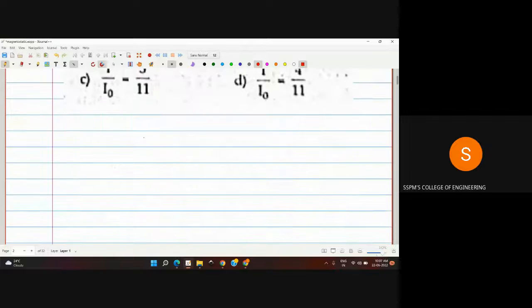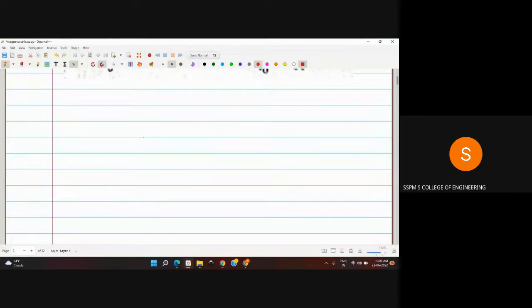So let me draw the ammeter with the help of the galvanometer. So there is one galvanometer of resistance G and the shunt resistance is to be connected in parallel with the galvanometer. Let's consider S be the shunt resistance.